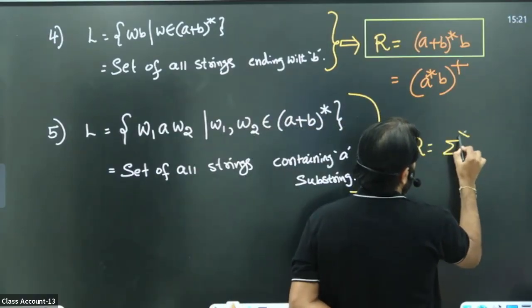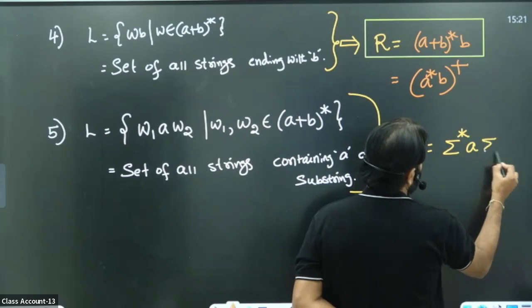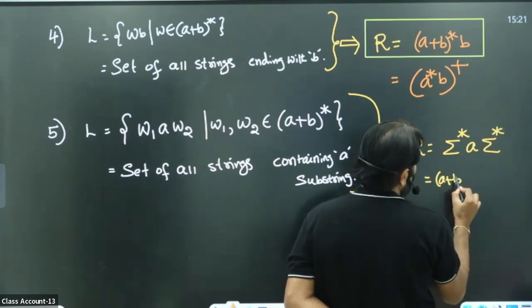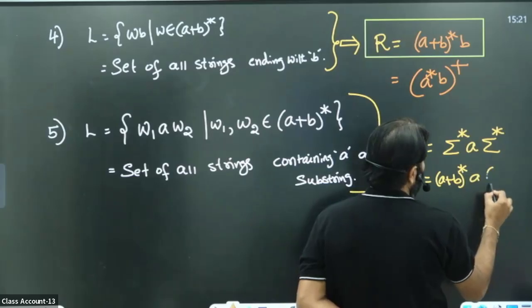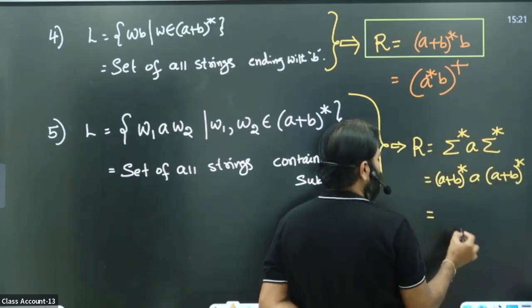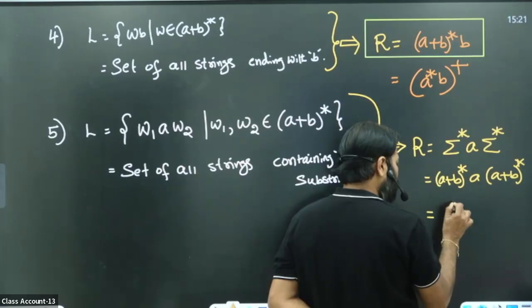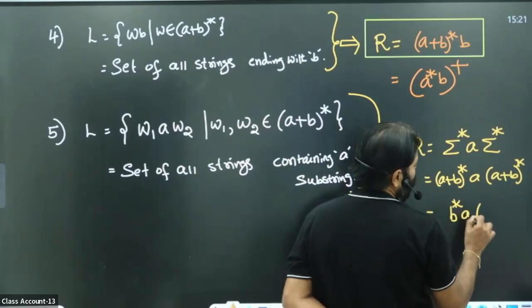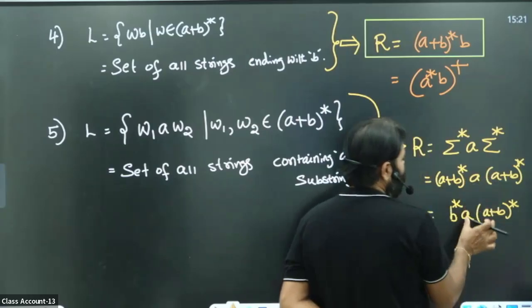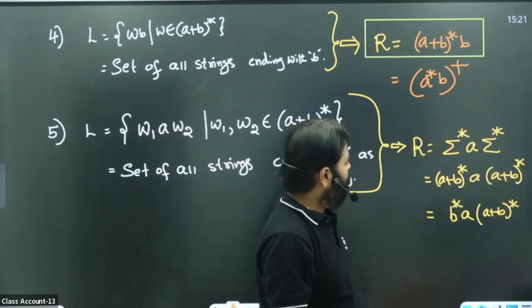What is the answer? Sigma star A sigma star, or you can say (A plus B) whole star A (A plus B) whole star, which is also the same as B star A (A plus B) whole star. So what is the difference between these two expressions?